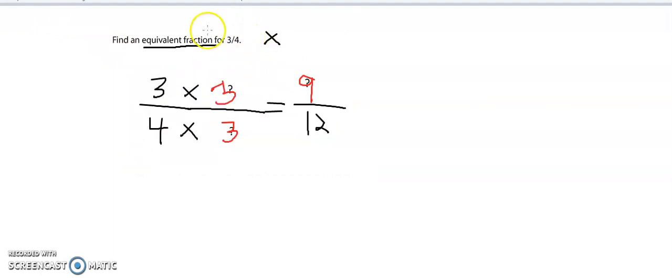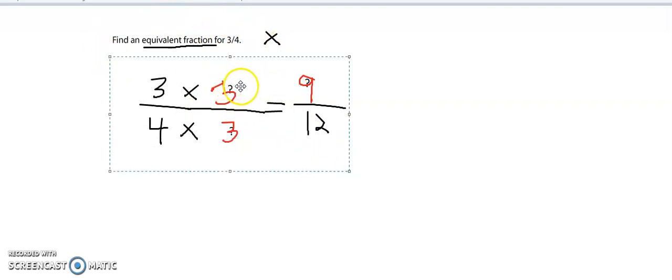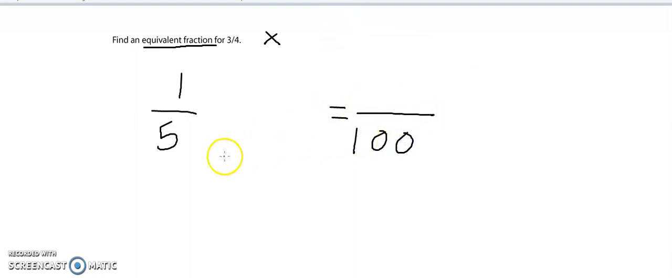And I have to change that so it equals something over 100. So now in this instance, we know we're going to have to multiply by another factor, both the top and bottom, to get our numerator.